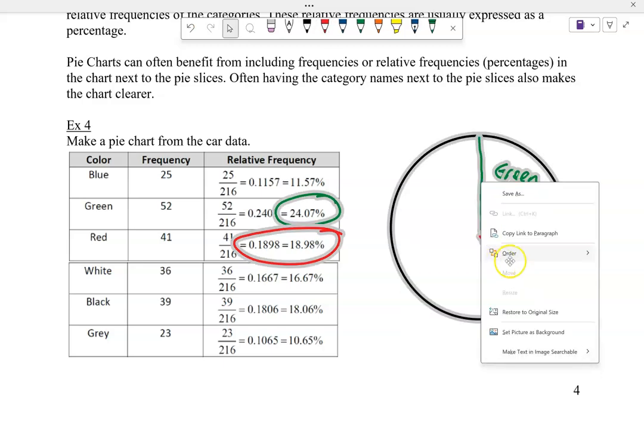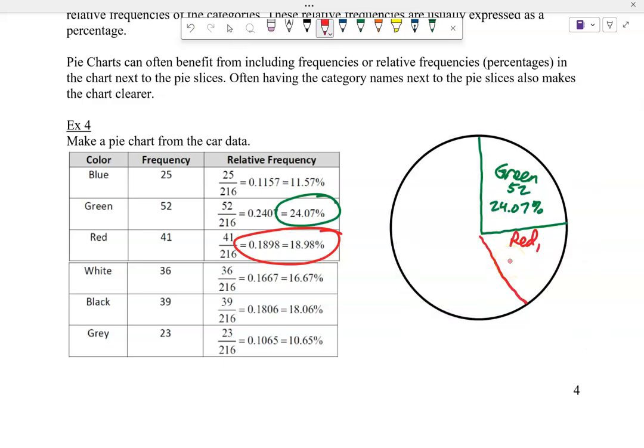Well, there's 41 of those. 41 of those are 18.98%. And then, what was it, black? So I pick up black at 18.06%. 39 of those.